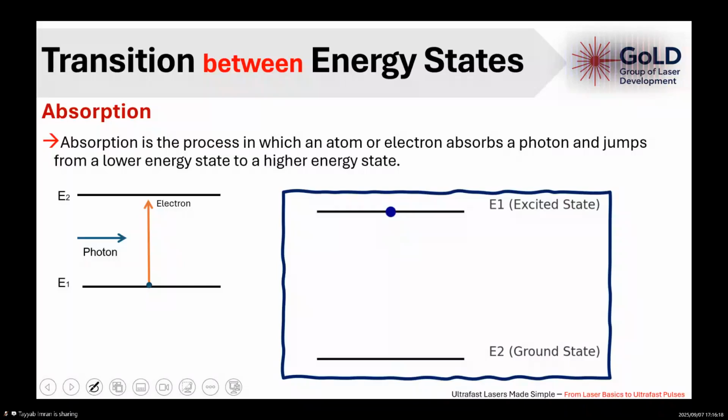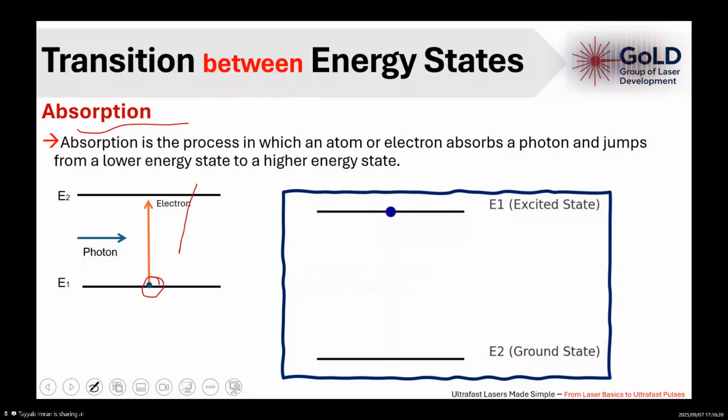So, transition between the energy states. First thing is absorption. What is absorption? One photon is coming, and it makes the electron jump from the lower energy level to the higher energy level, and it absorbs.